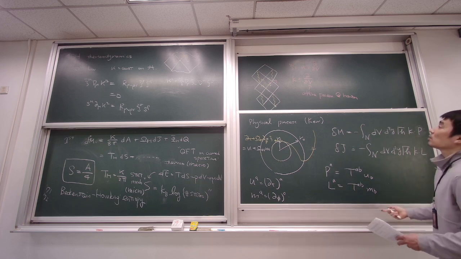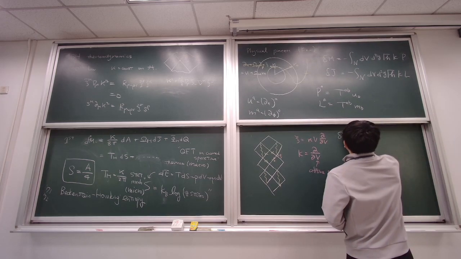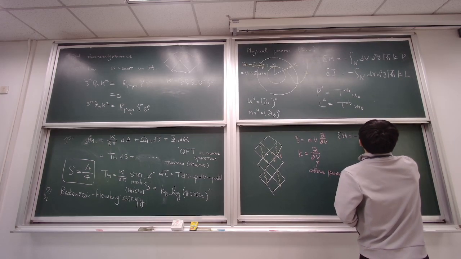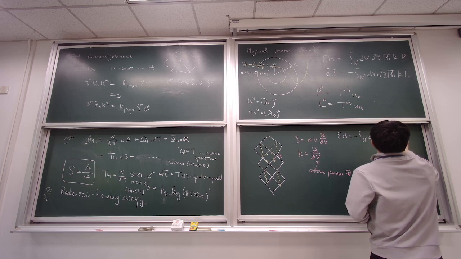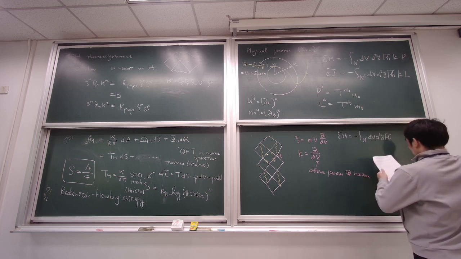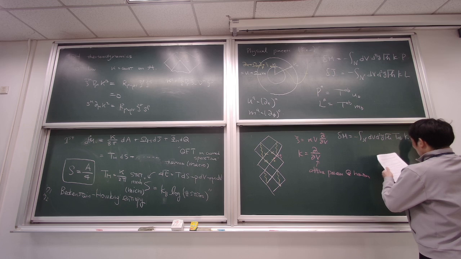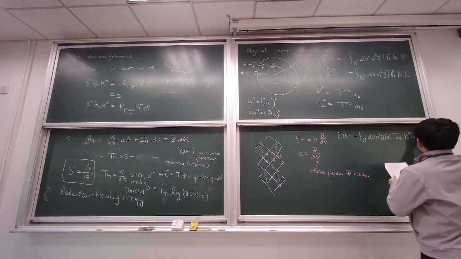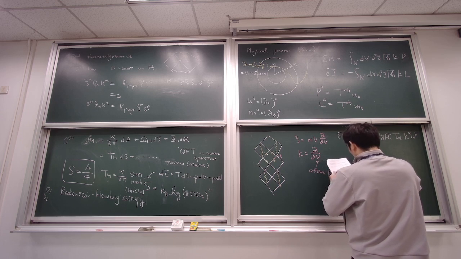Okay, anyway, delta M is equal to minus N dV d square y square root h. So K is just P is this one, so therefore we just have T AB K A U B like this way, and then you just need to manipulate.